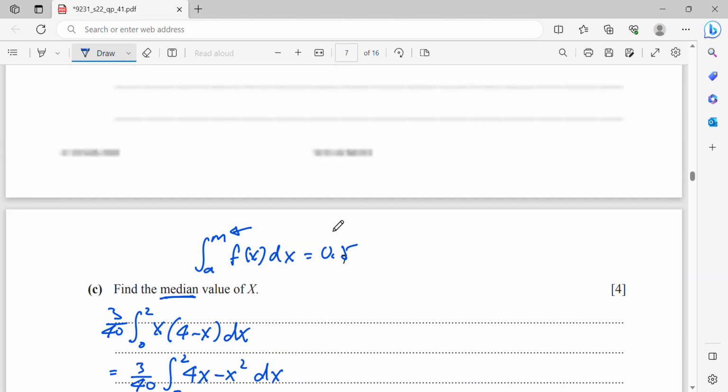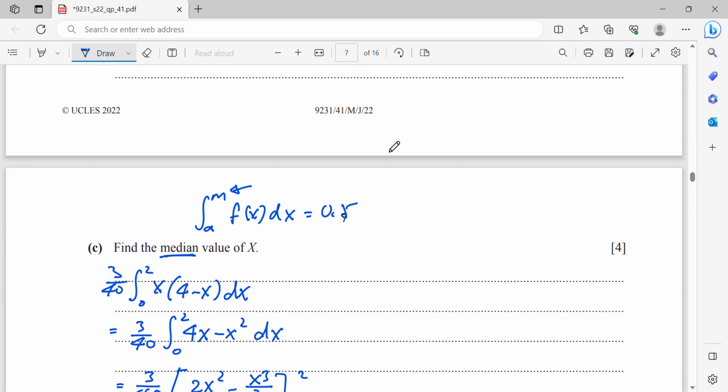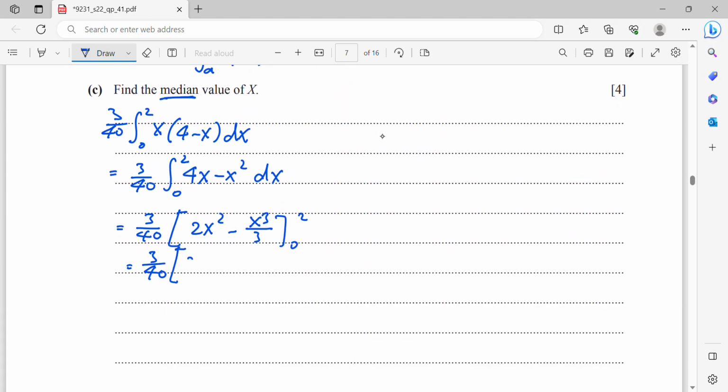No need to redo the calculations, just copy from previous. So 2 times 4 minus 8 over 3, then minus 0. So when you count this value, it is basically 0.4.